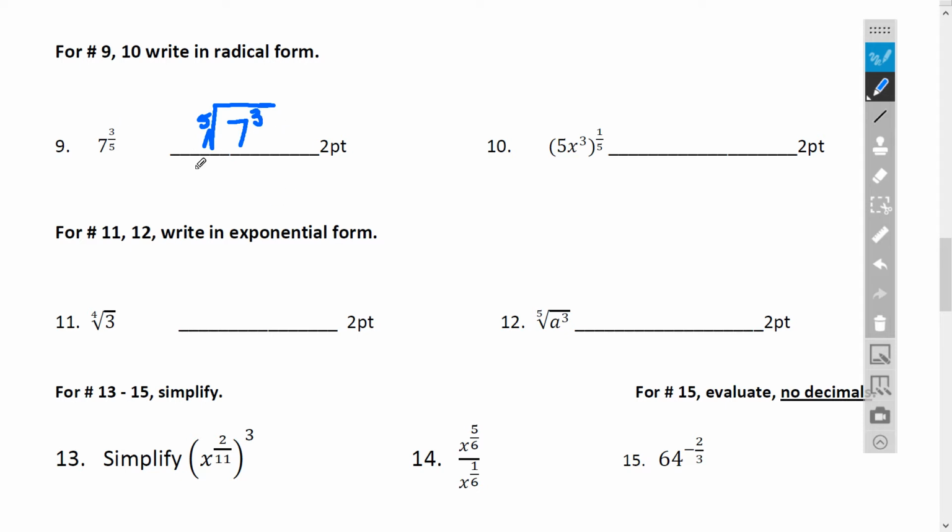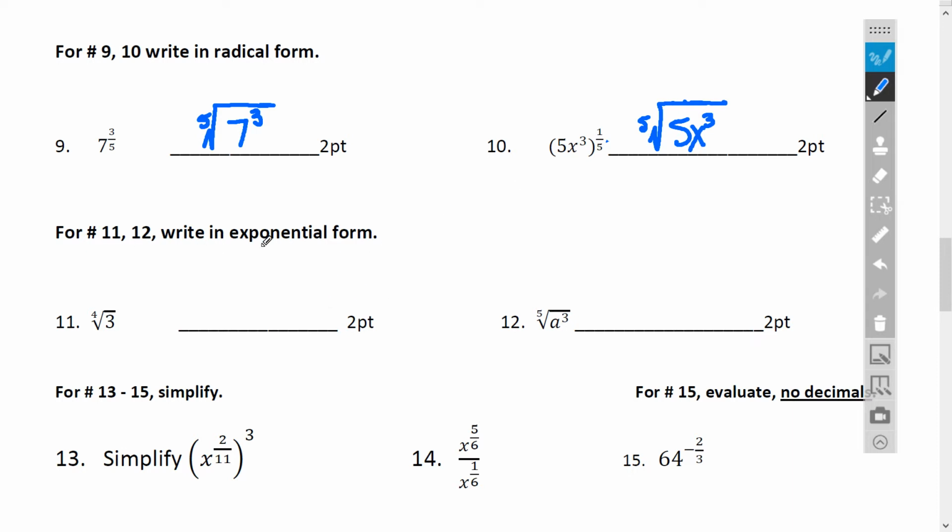So this would be the 5th root of 7 cubed. For this one, 1/5 is the 5th root of 5x cubed. The denominator becomes the index, so the 5 becomes the index, and then the 1 is the exponent, and you don't really have to put that. You can put it, but you don't have to.